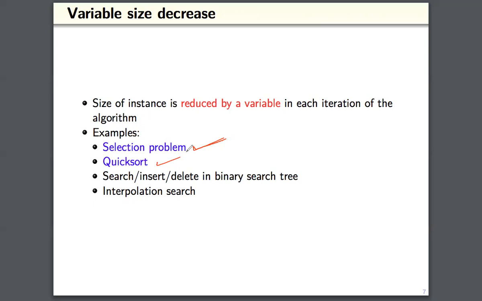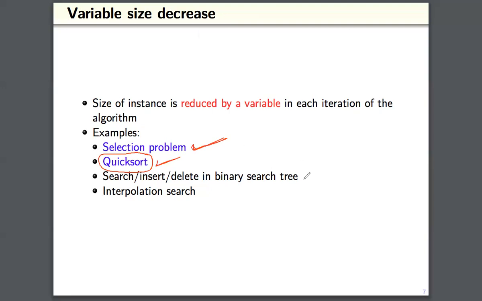As per our definition, quicksort ideally belongs to decrease and conquer, where the size of decrease is variable. It's a variable size decrease, right? Quicksort and the selection problem are some of the most famous problems in entire computer science.